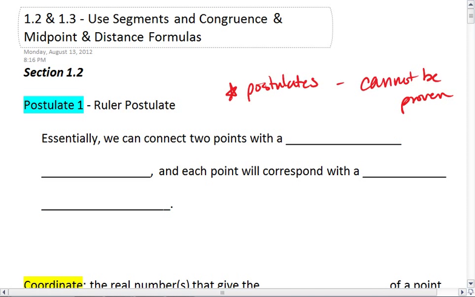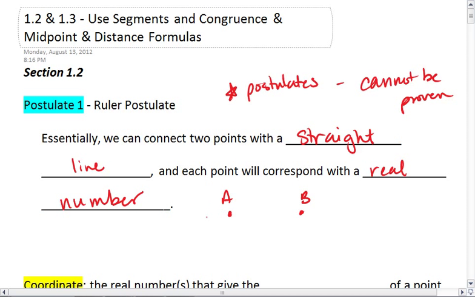Essentially, what the ruler postulate tells us is that we can connect 2 points with a straight line, and each point will correspond with a real number. So if I have 2 points, A and B, I could fit a straight line across there and then stick a ruler and realize that this distance between A and B has some numeric value.